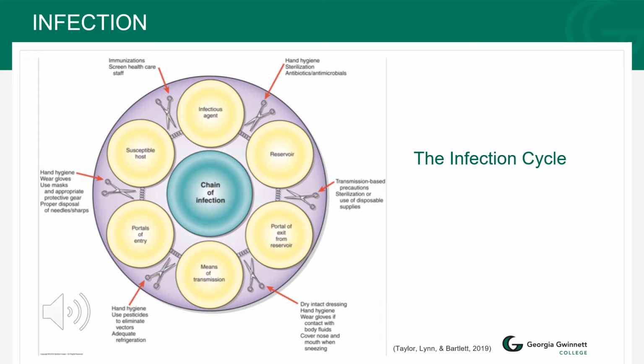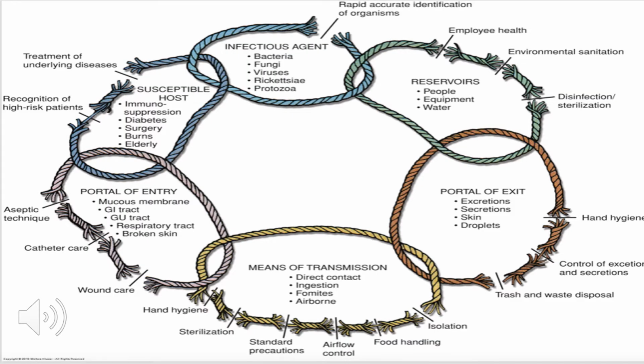So all of these different interventions here, symbolized as the scissors, are representing how we can break that chain of infection. Another visual for you to be able to understand this piece of the concept, I've dedicated 3 slides to this infection cycle, so I hope you understand that that's an important piece of this concept.